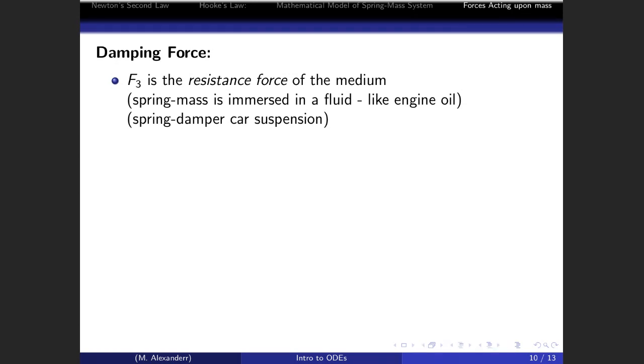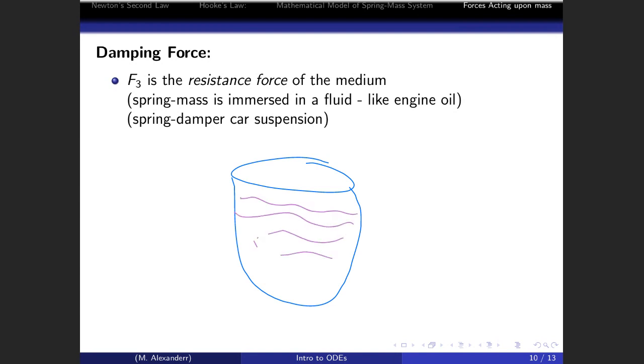Suppose that you have a beaker, like in science class, and you fill it up with some fluid, and then you have a red top to it, and on that red top you attach a spring, and then attached to that spring is a gold block.